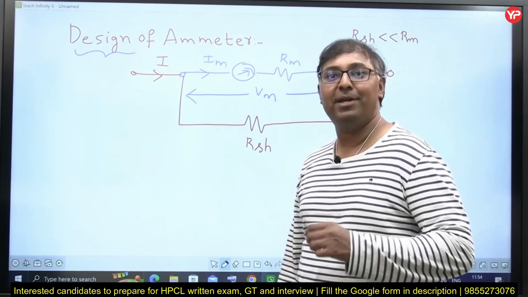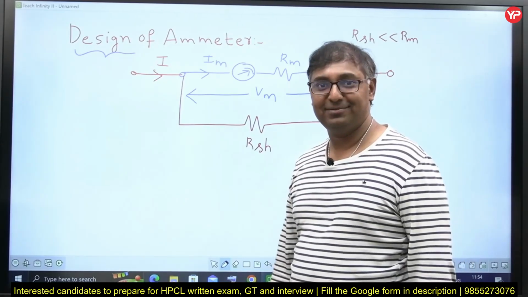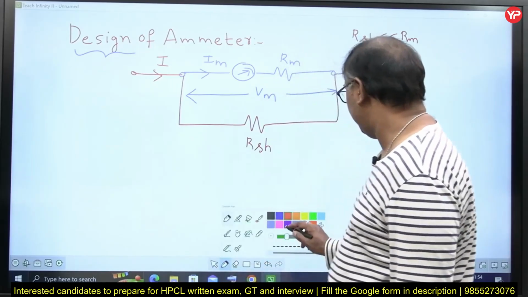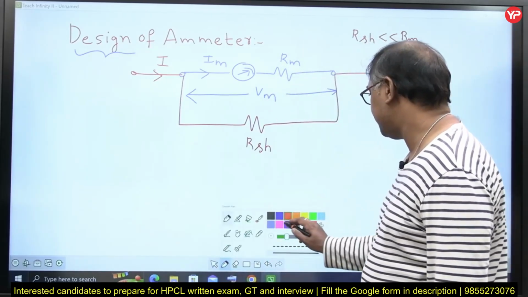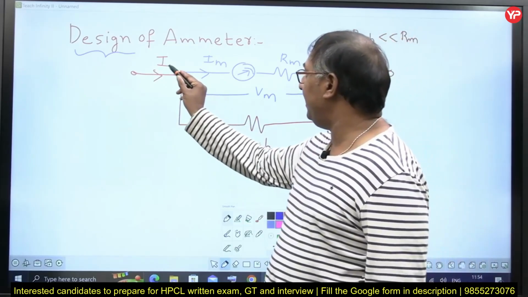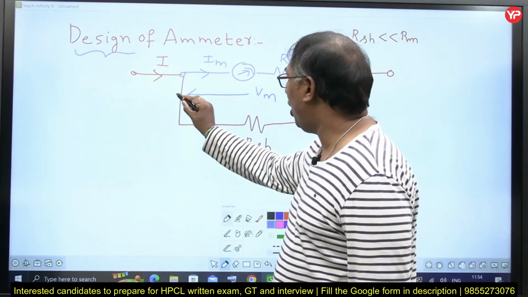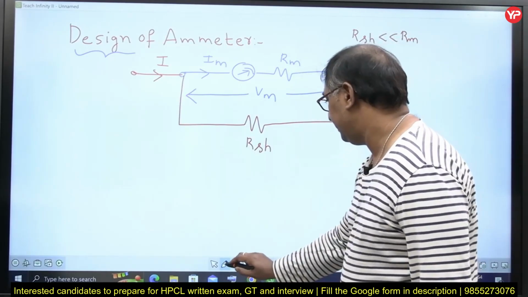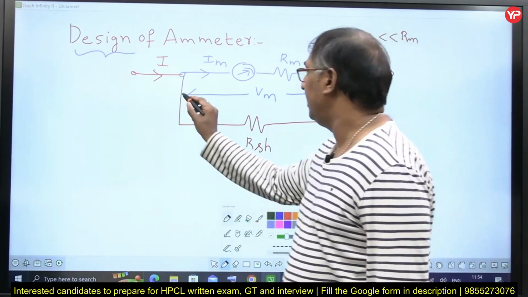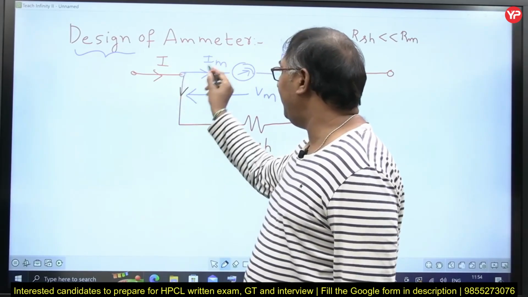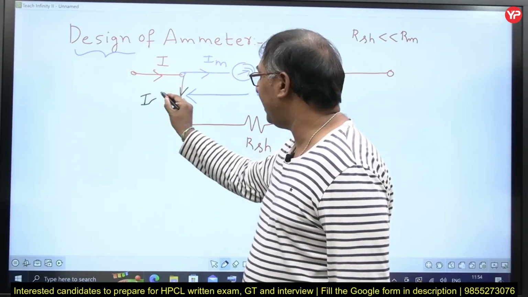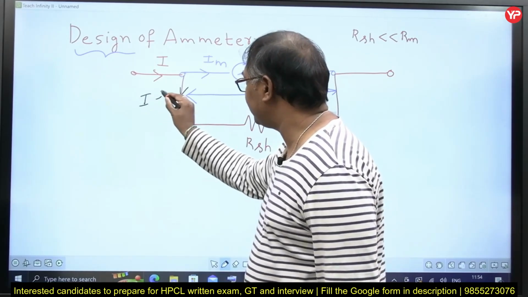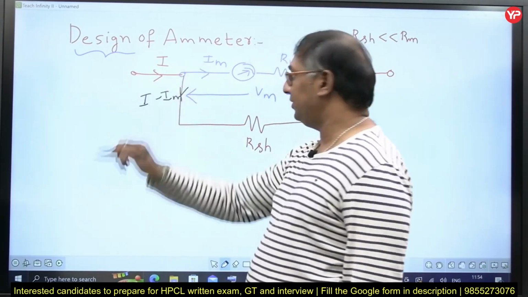Now from here your networks comes into picture. Observe carefully, sir. Apply KCL and tell me how much current flows here. I minus IM flows in this branch.